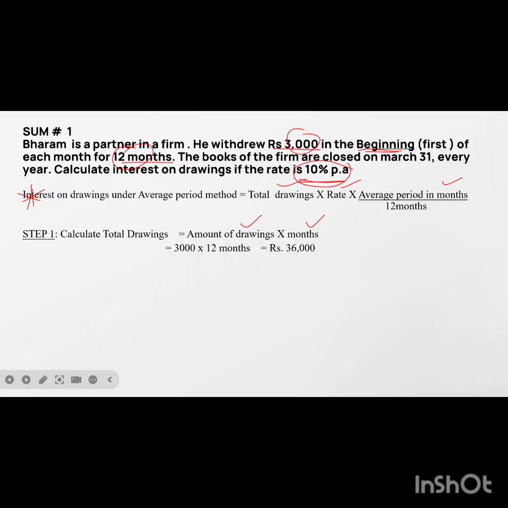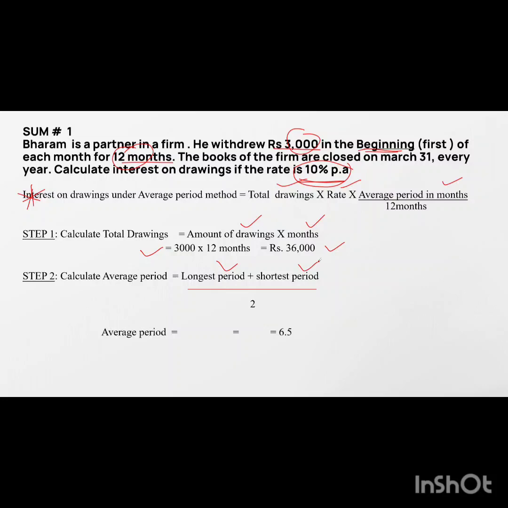Step 2 is to calculate the average period. The average period calculation is already worked out in the previous video. Kindly refer to the video. The average period is the longest period plus the shortest period divided by 2. The longest period is 12 and the shortest period is 1, divided by 2, which will be 6.5.